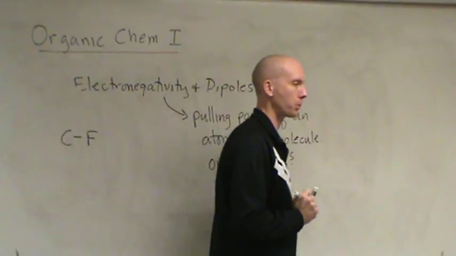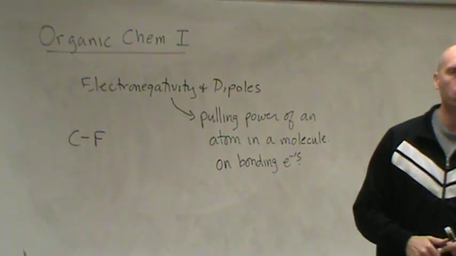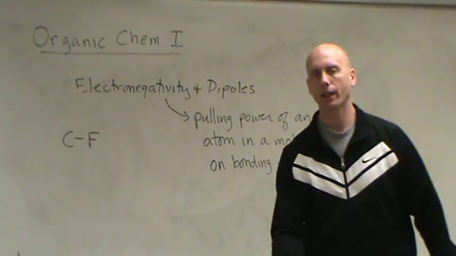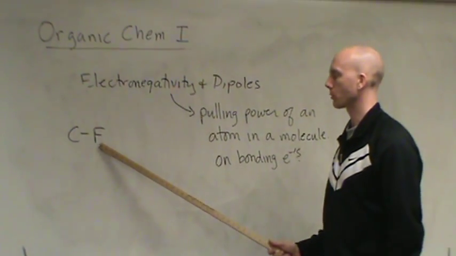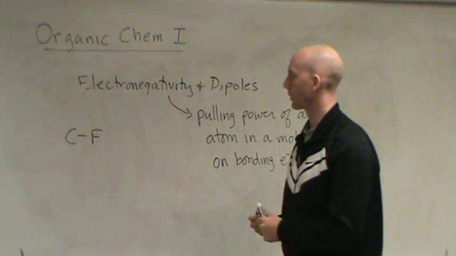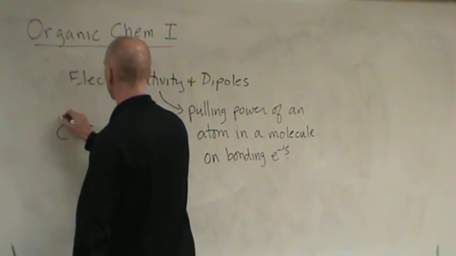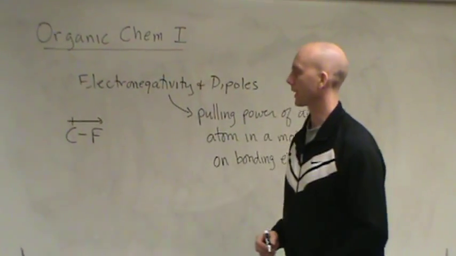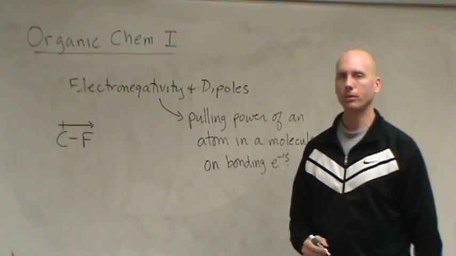Let's look, for example, at a bond between carbon and fluorine. We've already learned that fluorine is the most electronegative atom. And so what we can do to symbolize that is draw this arrow like this over top of it.